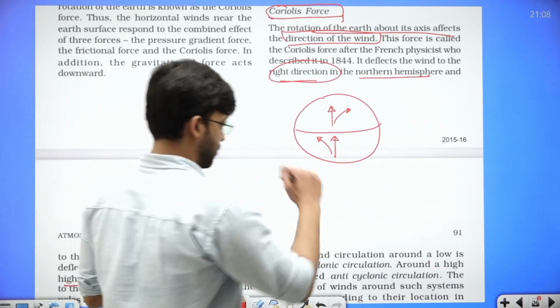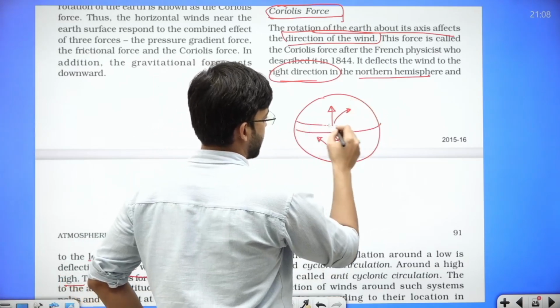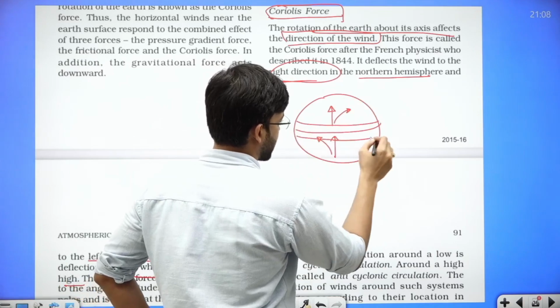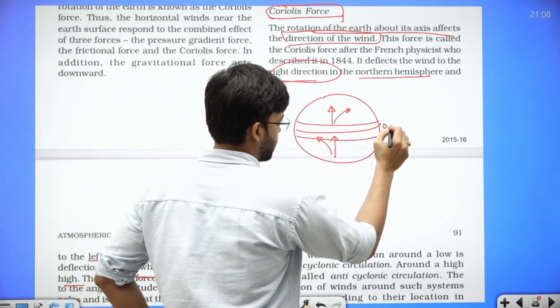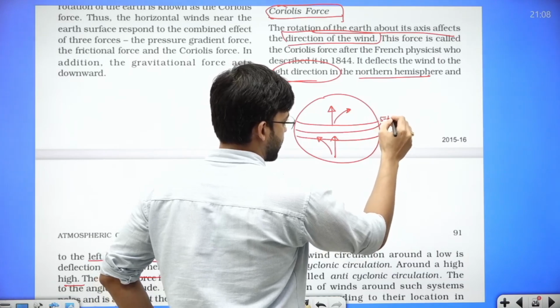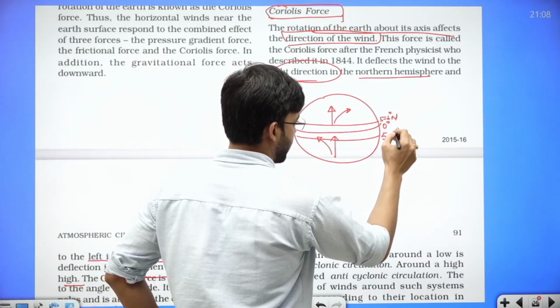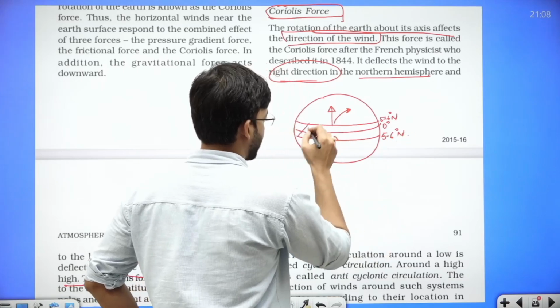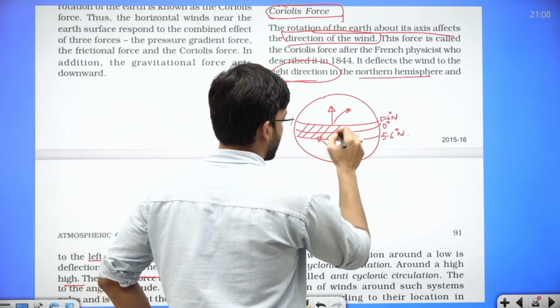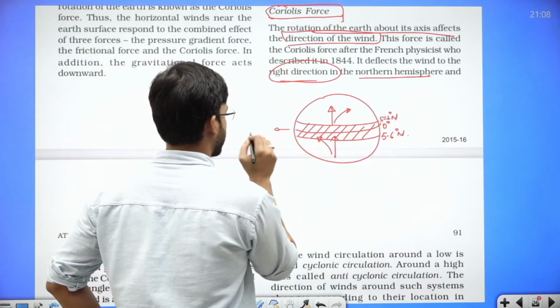So we know that in the doldrums region, that is 0 degree equator to 5-6 degrees north and south, we have doldrums, right? Calmer conditions. And here we have zero Coriolis force.